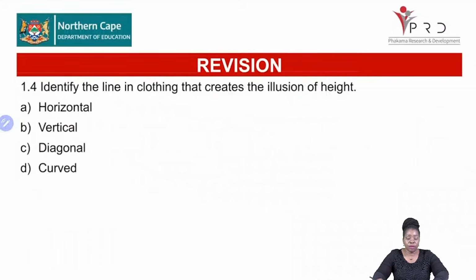Then 1.4 says identify the line in clothing that creates the illusion of height. A, horizontal line, B, vertical line, C, diagonal line, and D, curved line. Let's answer 1.4.